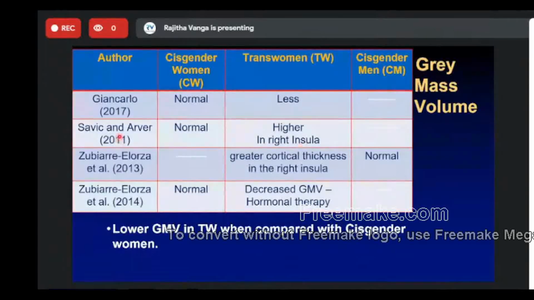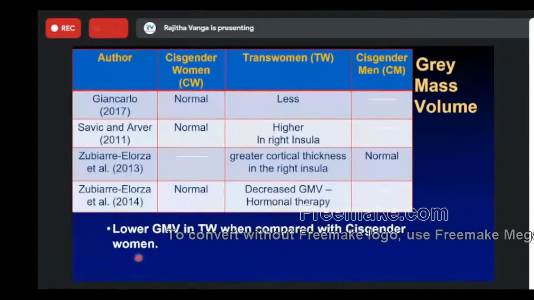So this is a controversial paper. The next one is by Zubiaurre-Elorza in 2013. They found greater cortical thickness in the right insula compared to cisgender men. The same people published again in 2014, where in transgender women undergoing hormonal therapy they found decreased cortical thickness of the insula compared to normal.